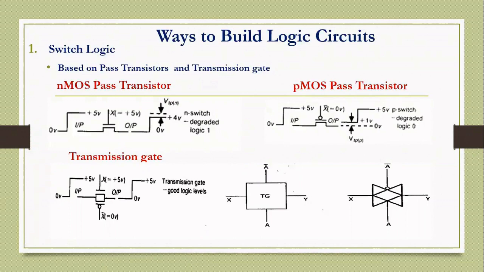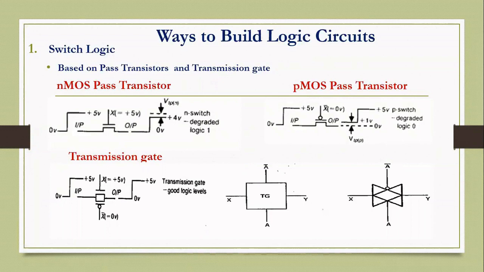So we have one more device in switch logic, that is the transmission gate. Wherein we'll apply X as the control input for the NMOS transistor and X bar as the control input for the PMOS pass transistor gate.